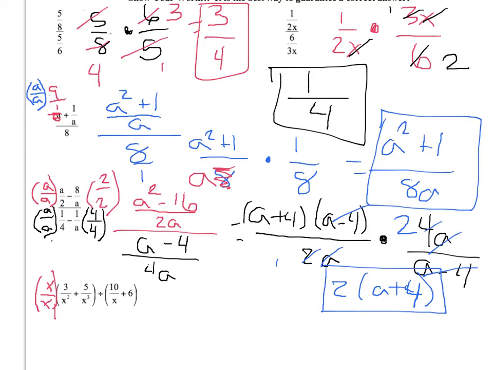When I do that, I'm going to get 3x plus 5 over x cubed. Now on the other side, that's like a 6 over 1. Common denominator between 1 and x is x. So I will have 10 plus 6x over x.